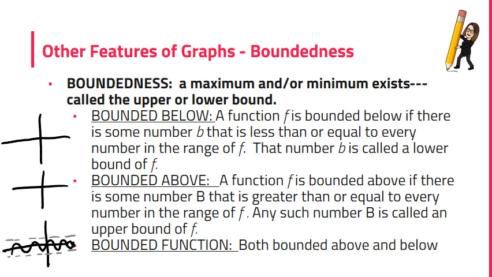Bounded above, it's bounded above if there's some number b that's greater than or equal to every number or range of f. So what that's going to look like is if there's a boundary above the graph. So that might look something like a curved graph like this. Okay, this is going to be bounded above because there's a boundary here that it's not going to cross.